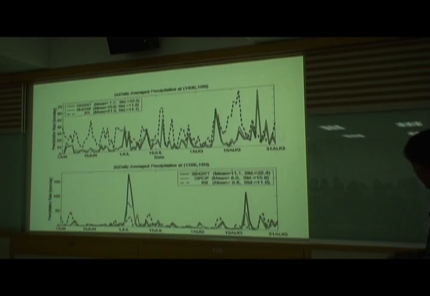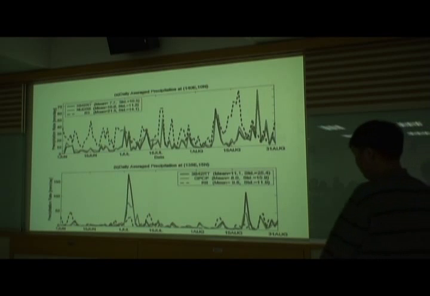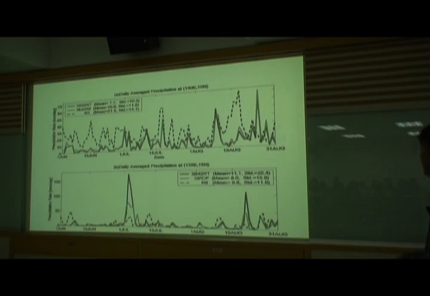You can see that R2 constantly overestimates in this region compared to 342 over the whole summertime in 2000. So we suspect that the convective scheme in R2 is the problem, but we haven't examined it yet.